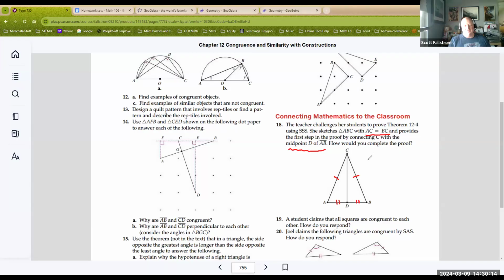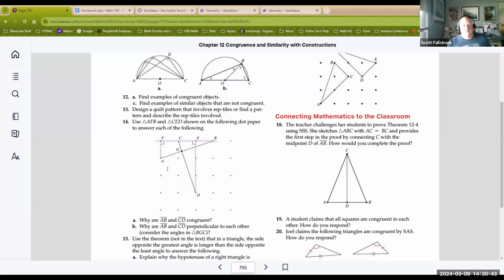And your goal is to try to prove theorem 12.4, which is to say that CD is either a perpendicular bisector or an angle bisector of an isosceles triangle. So look at the theorem, see which one you're trying to prove, create similar congruent triangles. And she's challenged them to use side, side, side. So that's what you want to use for this one. There's number 18. And I think 20 through 22 were the last ones.